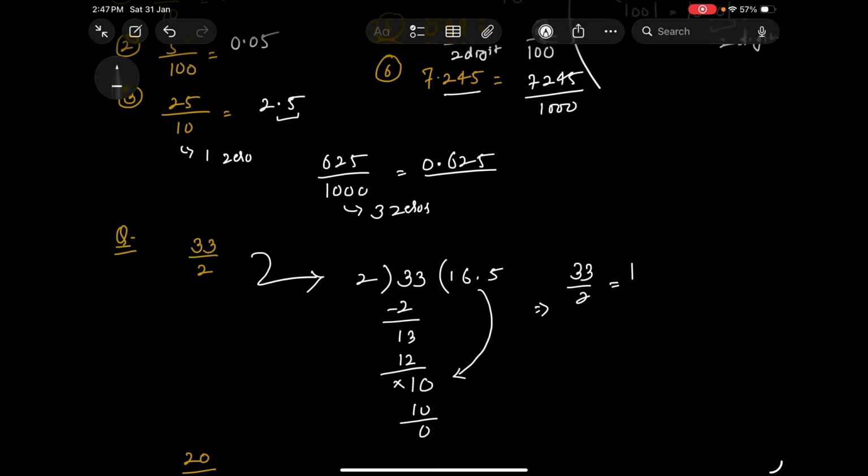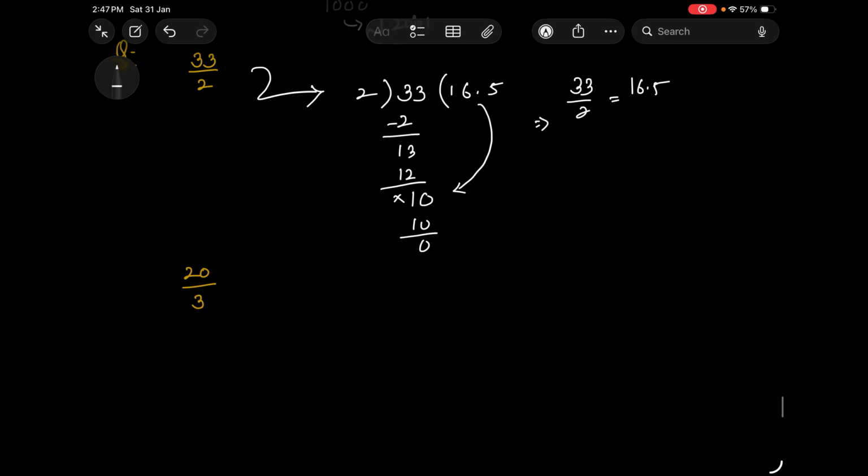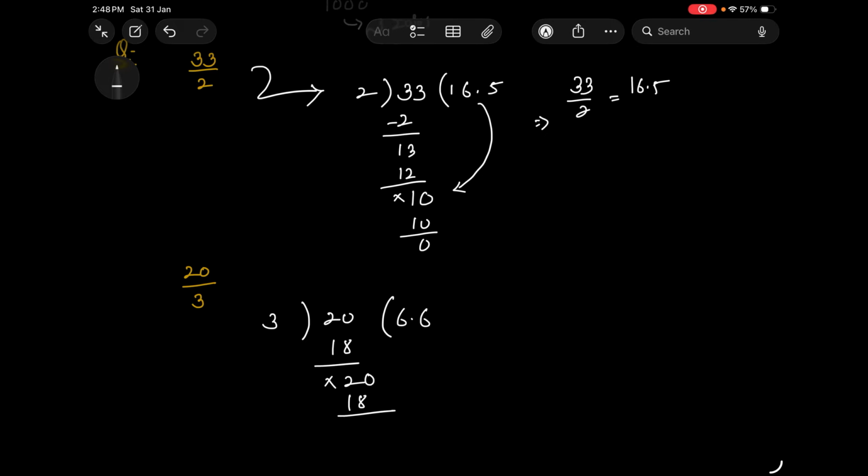So 33 upon 2 is 16.5. But in the case of 20 divided by 3, we put 3 times 6, 18, then put a decimal, then we carry a 0, then we again divide: 3 times 6, 18, 2.